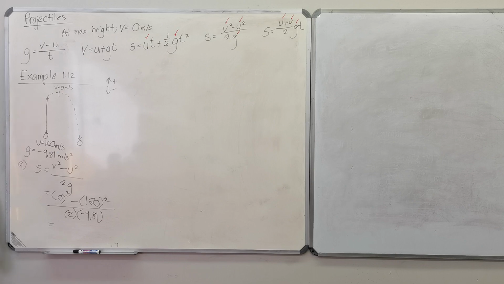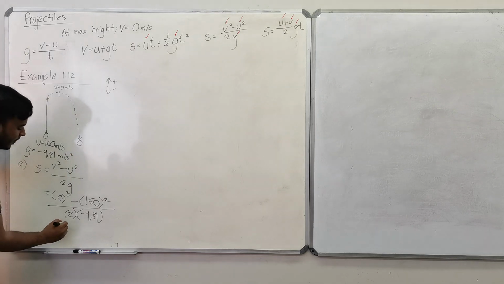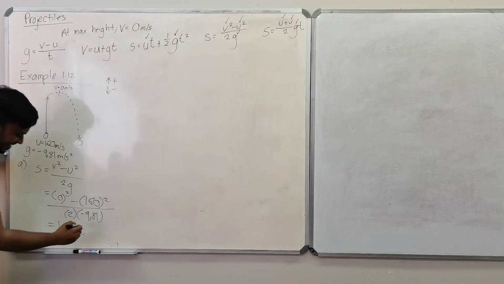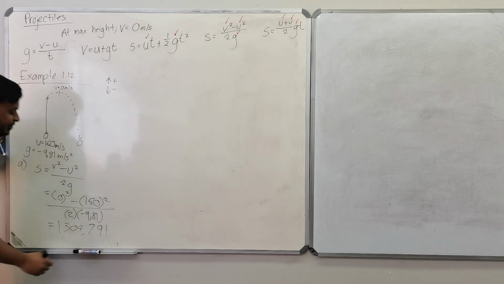You just use a calculator. You've got a calculator, right? That gives about 1,304.791 meters. That's not massive.